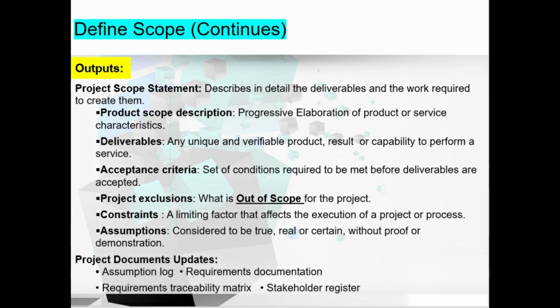So we have discussed the key output of this process, and at last we have the project documents, which include the assumption log, requirements documentation, requirements traceability matrix, and the stakeholder register, which you already have an idea about.